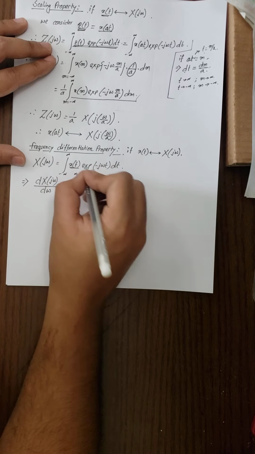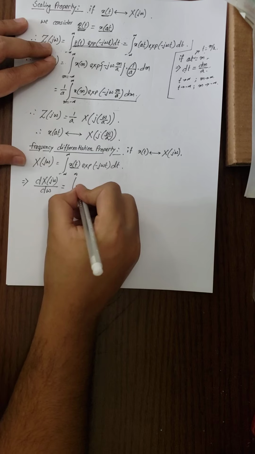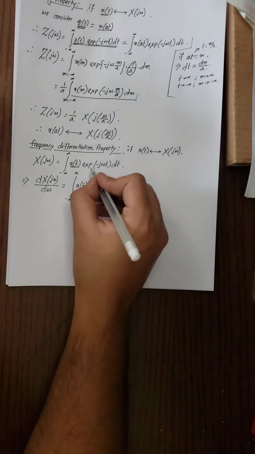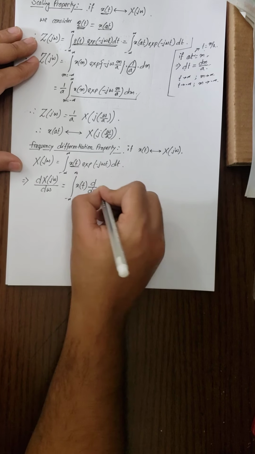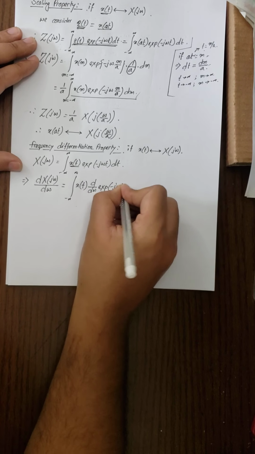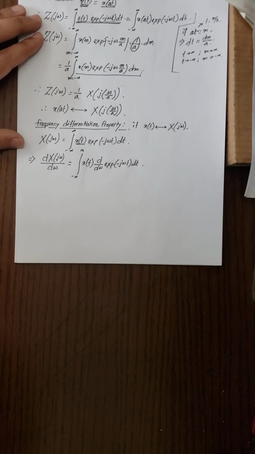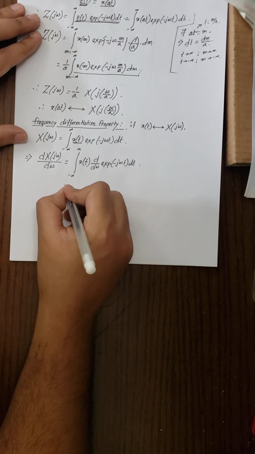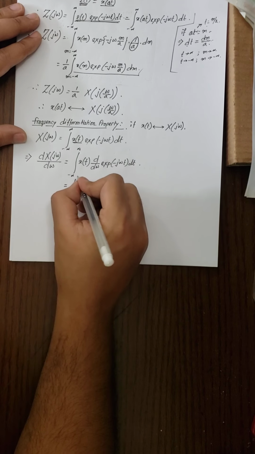Since x of t is not dependent on omega, we can write it as it is, and the rest of the equation will be differentiated. The left hand side remains as it is.